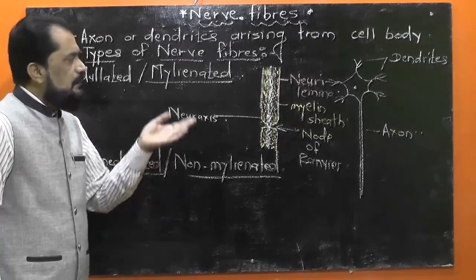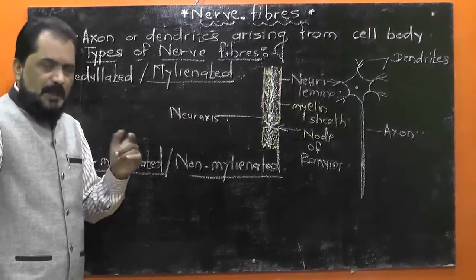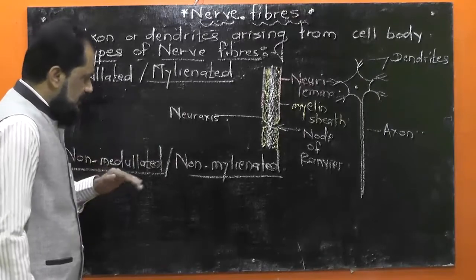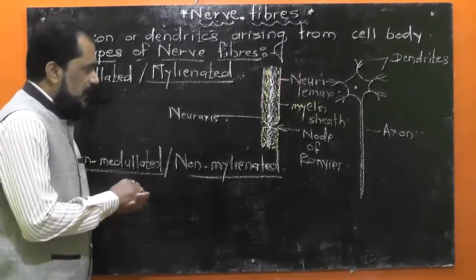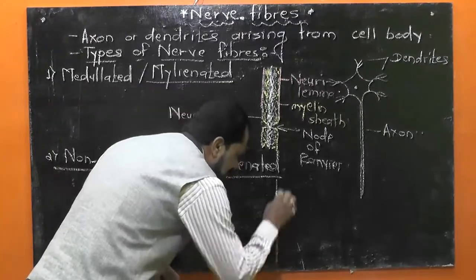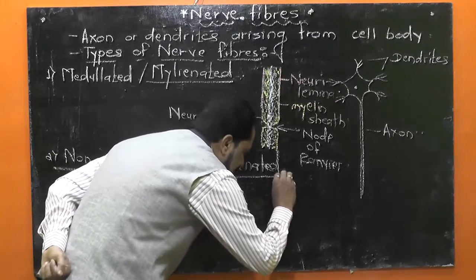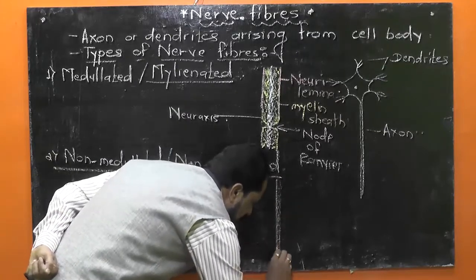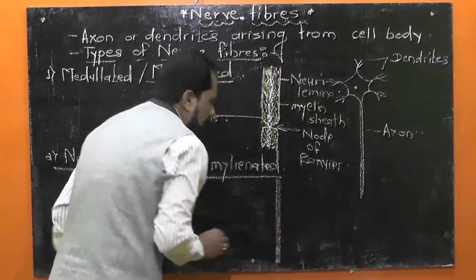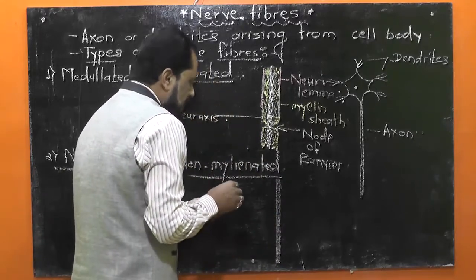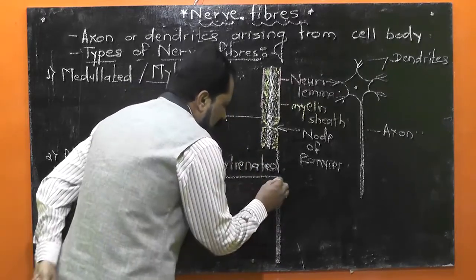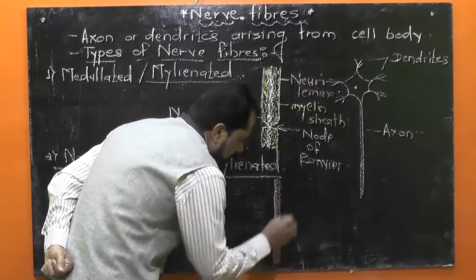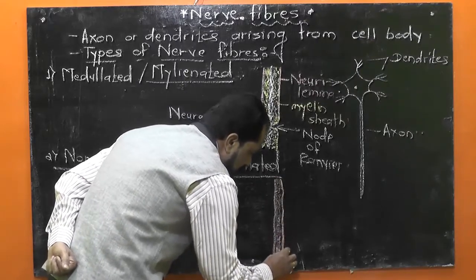What is absent? Medullary sheath is absent, myelin sheath is absent. Means in this type of nerve fibers, the axis cylinder, neuroaxis, is not wrapped by myelin sheath, but simply there is a presence of neurilemma.